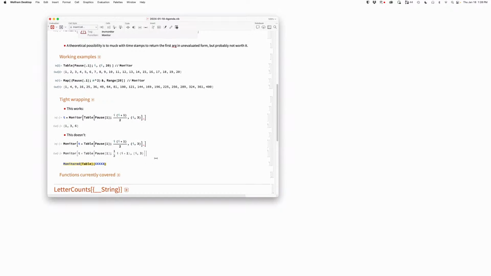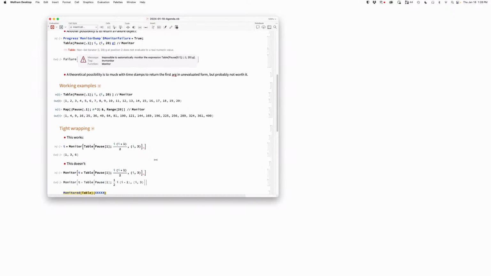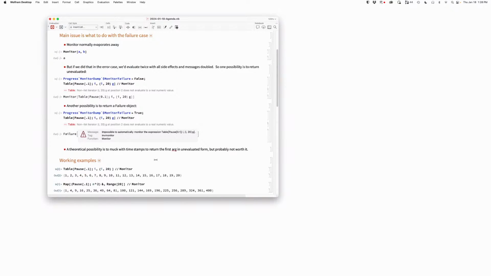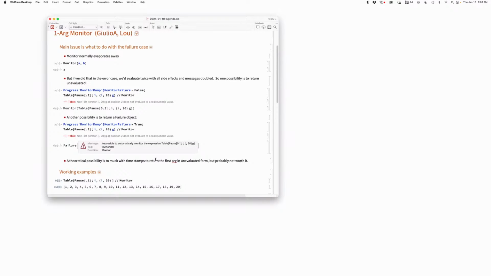So the main issue is what to do in the failure case. Normally a Monitor just evaporates away. But if we did that in the error case, then we would evaluate the input twice and get all the side effects twice and doubled messages.